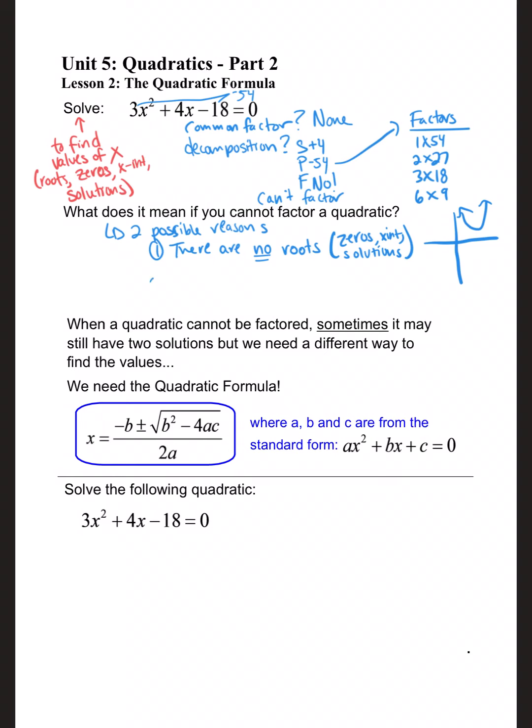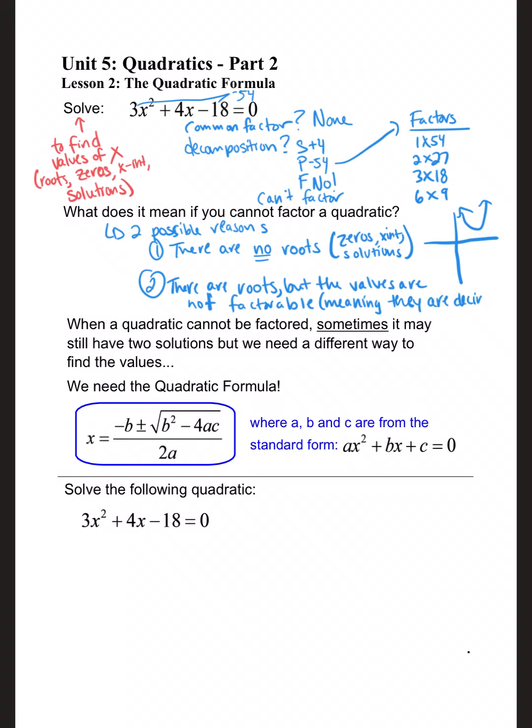The other possibility is that our roots or our solutions are just decimals. So there could be roots, but the values are not factorable, which means they are decimals.